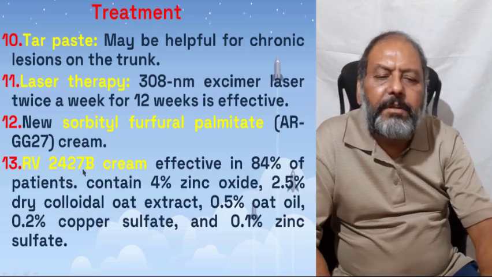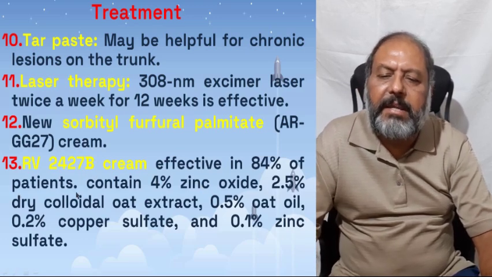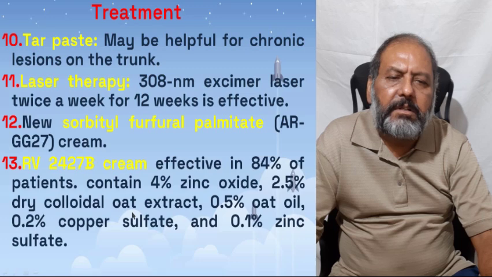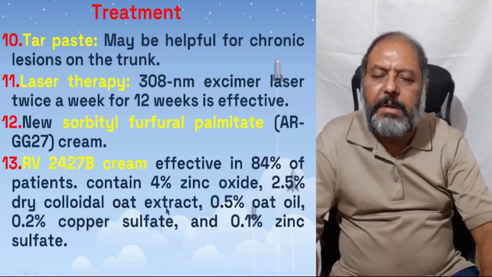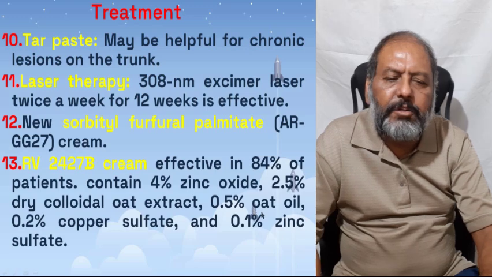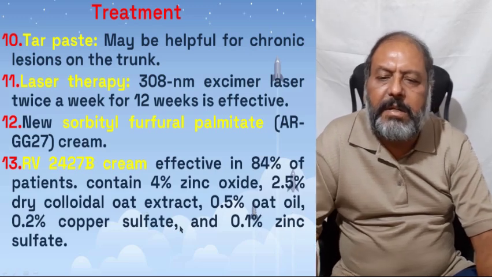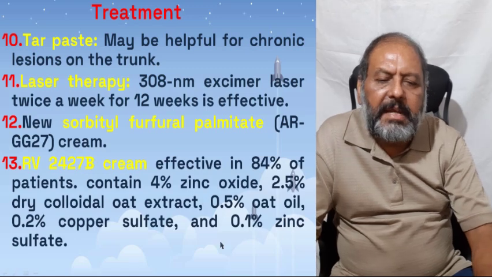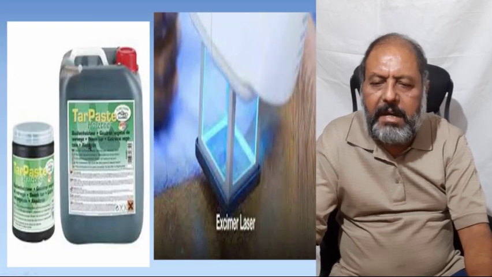It contains 4% zinc oxide, 2.5% tricolloidal oat extract, 0.5% oat oil, 0.2% copper sulfate, and 0.1% zinc sulfate. Here one can see the tar paste and the excimer laser which is being used on the affected skin.